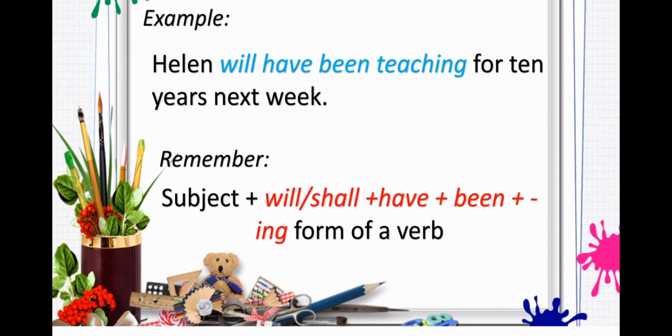Example, Helen will have been teaching for 10 years next week. Remember the rules that you are going to follow: subject plus will or shall plus have plus been plus the ing form of a verb.